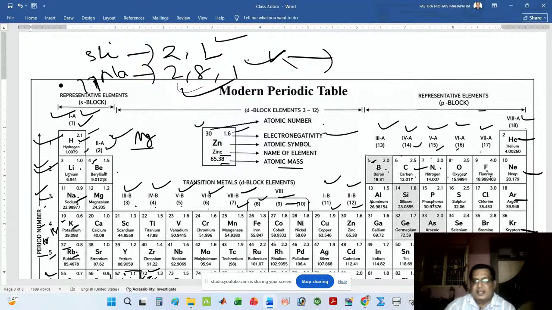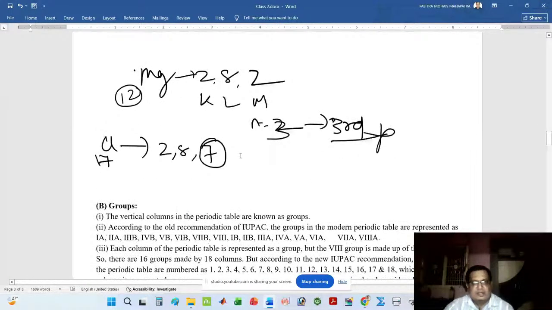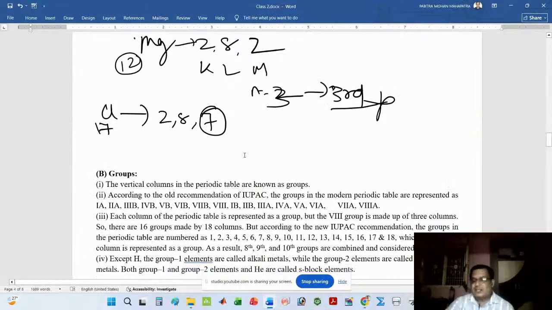Here I took it wrongly with chlorine, which has 7 electrons in the valence shell. Sorry. Now our target is to find the period in which chlorine is present.